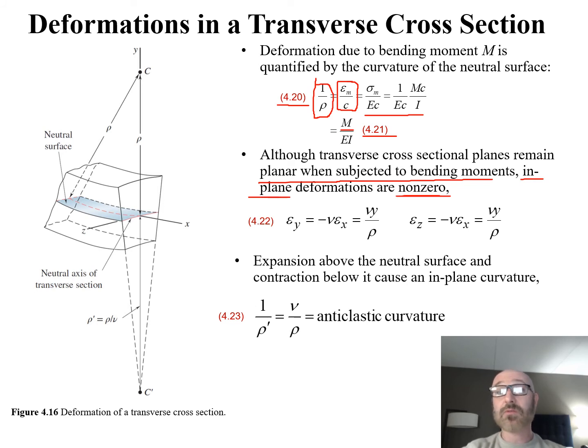So now we have the set of equations for epsilon sub y and epsilon sub z from the relationship shown in equation 4.22 in our textbook. We have the negative Poisson's ratio times epsilon sub x, and we have a relation for epsilon sub x of negative y over rho, so we plug that in. Our epsilon sub y is equal to Poisson's ratio times y all over rho.